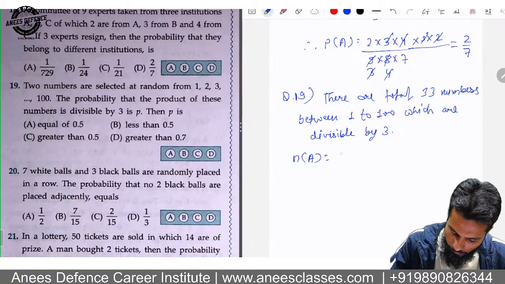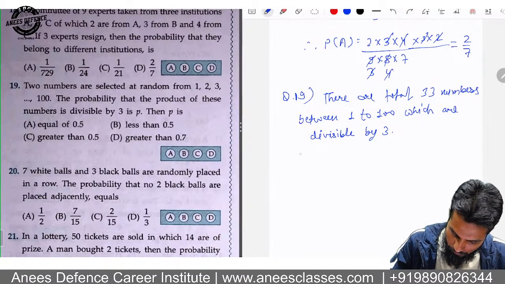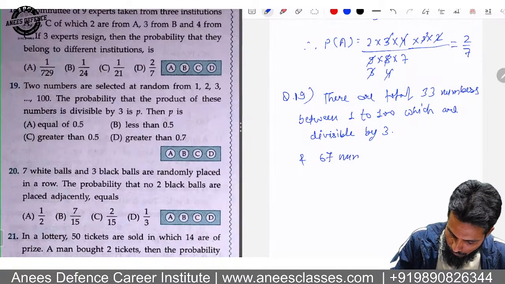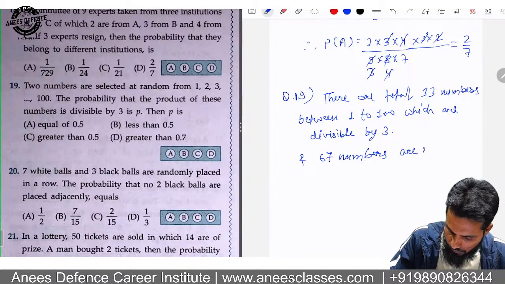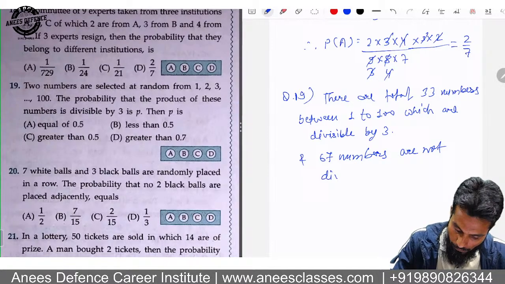Either you can take both divisible... yes, now correct, and 67 numbers are not divisible by 3. Okay, fine.